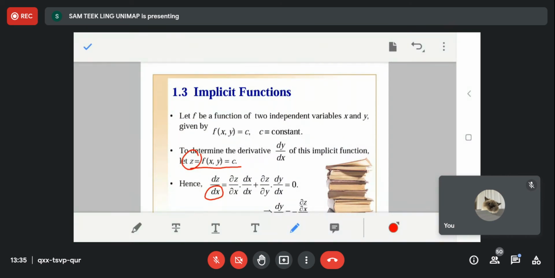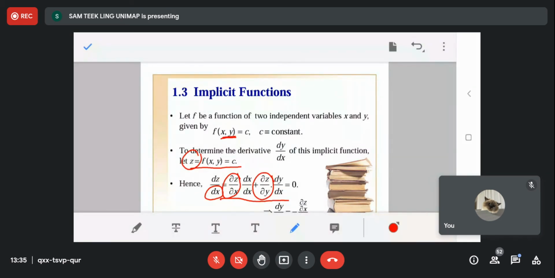We can build this: del z/del x times dx/dx plus del z/del y times dy/dx, because your z function also has variables x and y, because z equals f, a function of two independent variables x and y. So we get del z/del x and del z/del y.